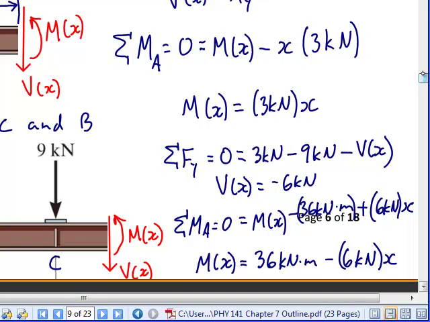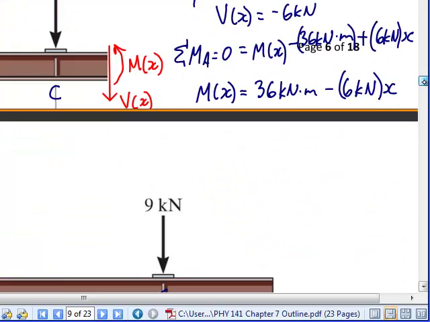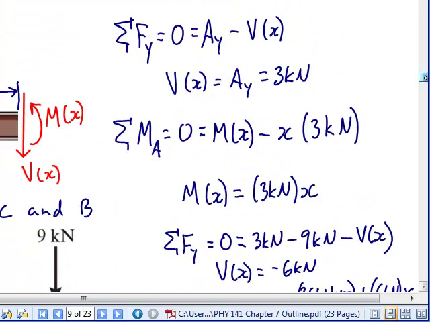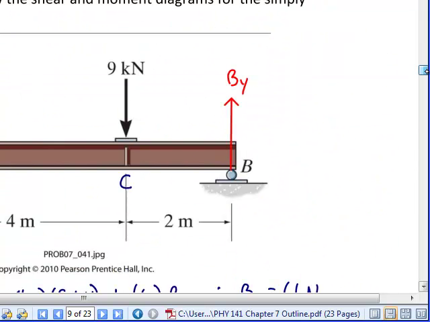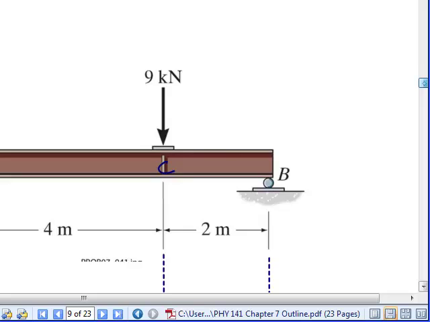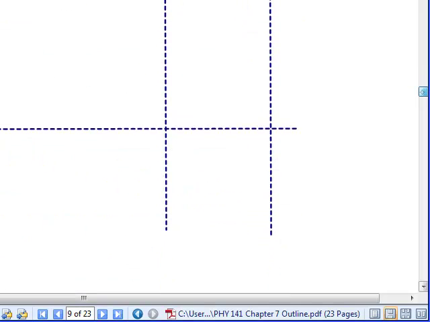All right, so that's right. So between A and C, it's a slope of 3 going up. So it goes from 0 at x equals 0 to 12 at x equals 4. We go from 0 to 12 kilonewton meters.